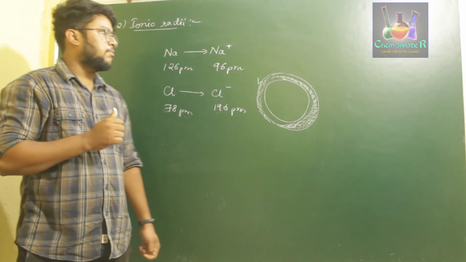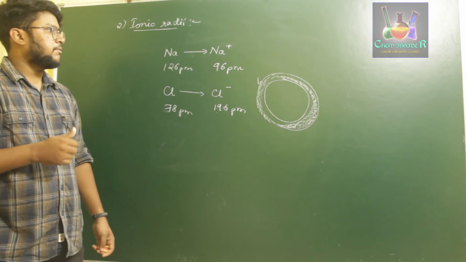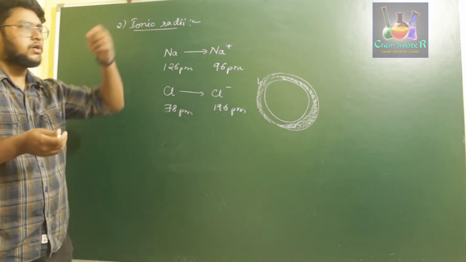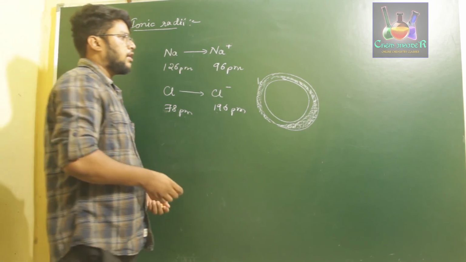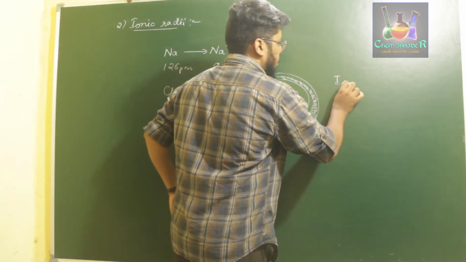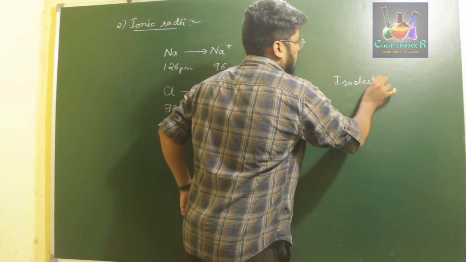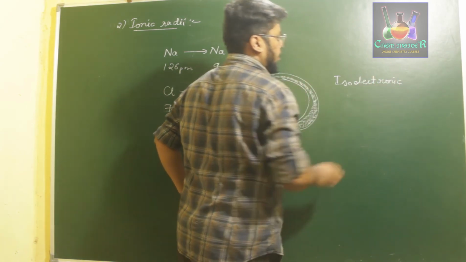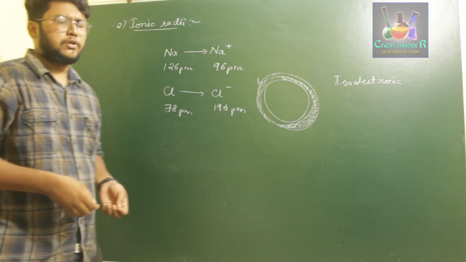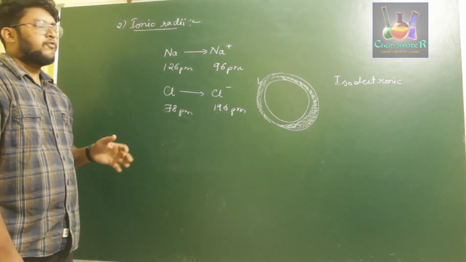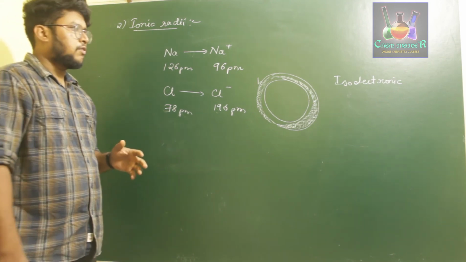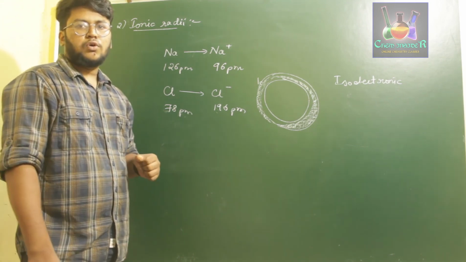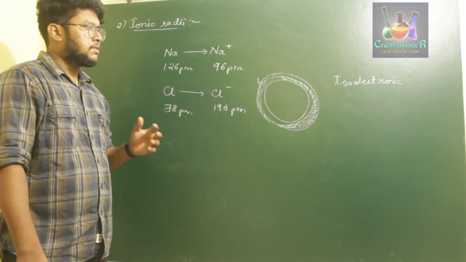So this is about ionic radii of cations and anions. We have one more concept here, that is isoelectronic species. If any atoms or ions have the same number of electrons present in them, then those are called isoelectronic species.